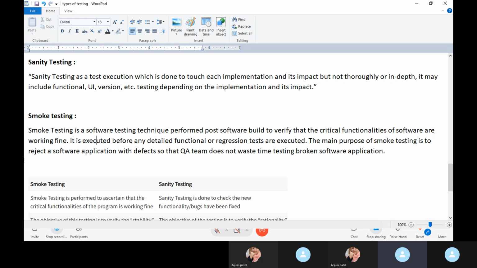The main purpose of smoke testing is to reject an application with defects so that the QA team doesn't waste time testing a broken software application. If I give you a scenario: in the first sprint, sign up and login functionality is developed and you have tested it.